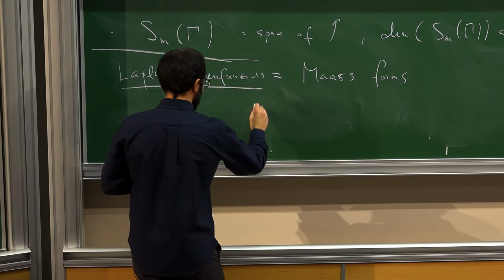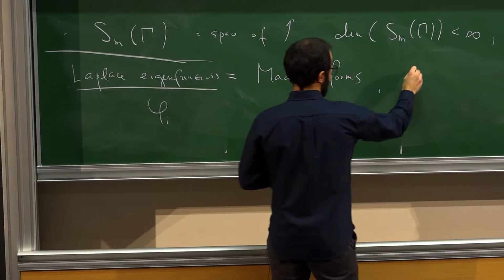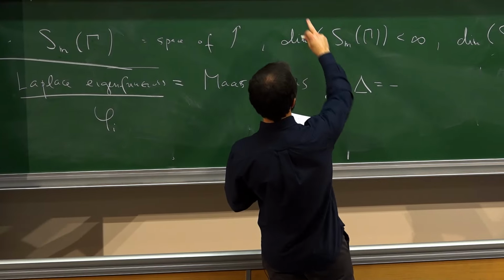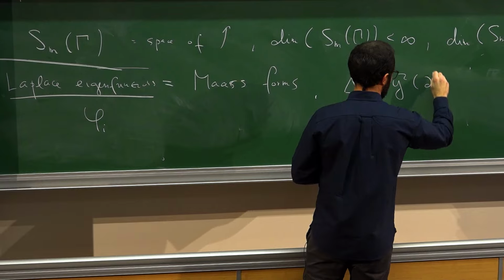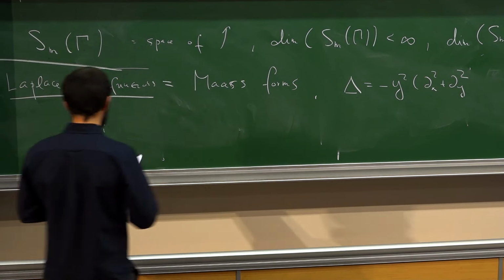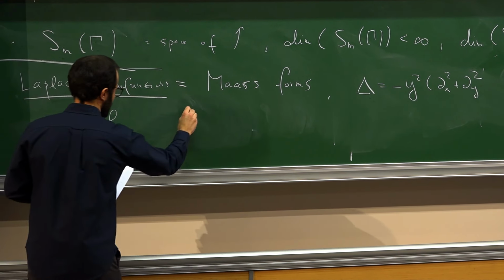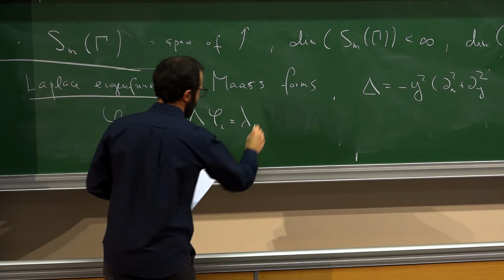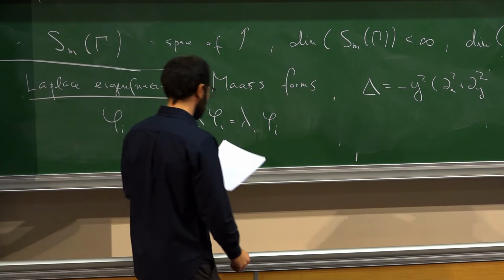I'm going to denote them phi of y. So this is a different Delta, this is the Laplace operator, which on the hyperbolic plane takes this form. And a Maass cusp form, or Maass form, is a function which satisfies the Laplace equation, where lambda is the eigenvalue.